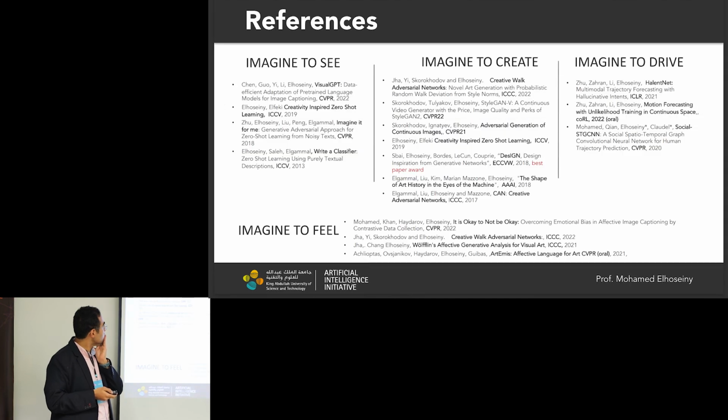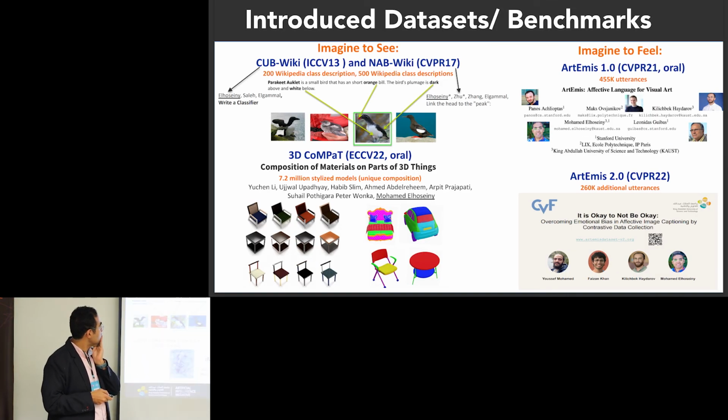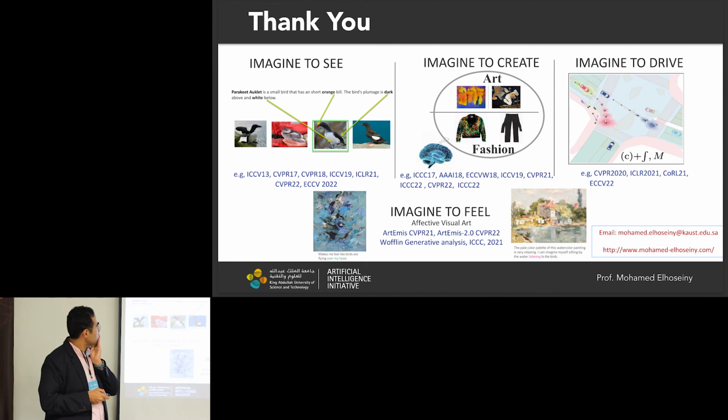These are some examples, and these are the references, the dataset, and thank you. I'm also starting to work on a book about this space. Hopefully in a year I will have some progress. But yeah, thank you.